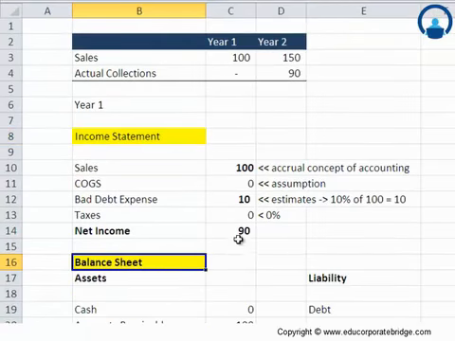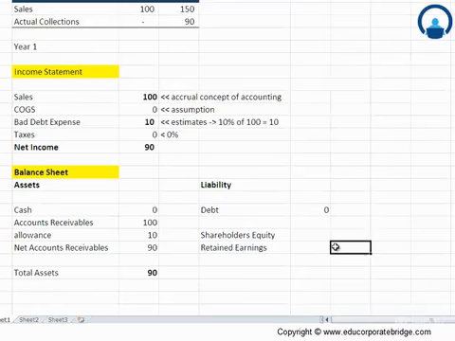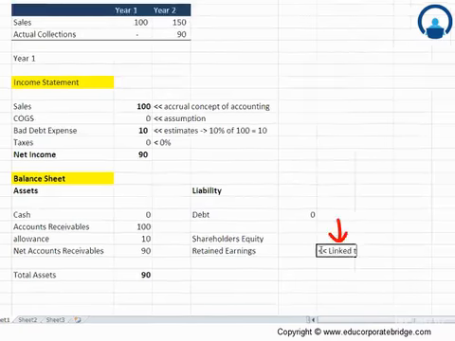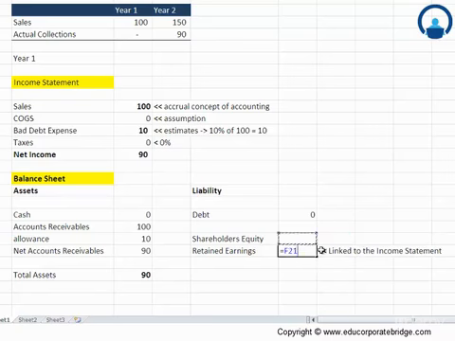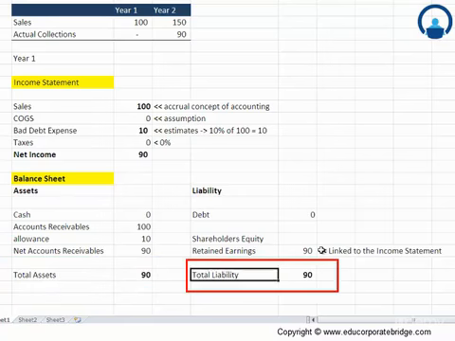However, to reiterate, retained earnings is linked to the income statement, because net income is what all flows to the shareholders equity. So this is equal to 90, and hence the total liabilities come out to be retained earnings plus the debt, which is equal to 90. So total assets are equal to total liabilities.